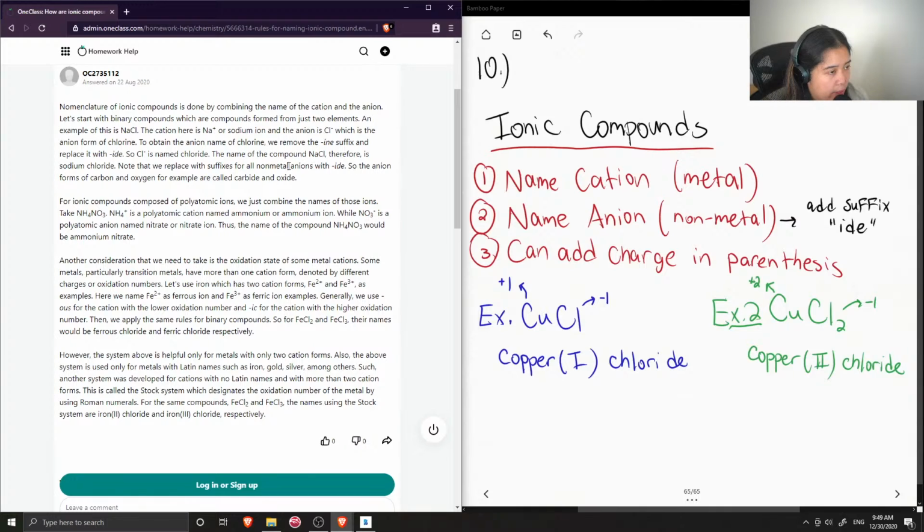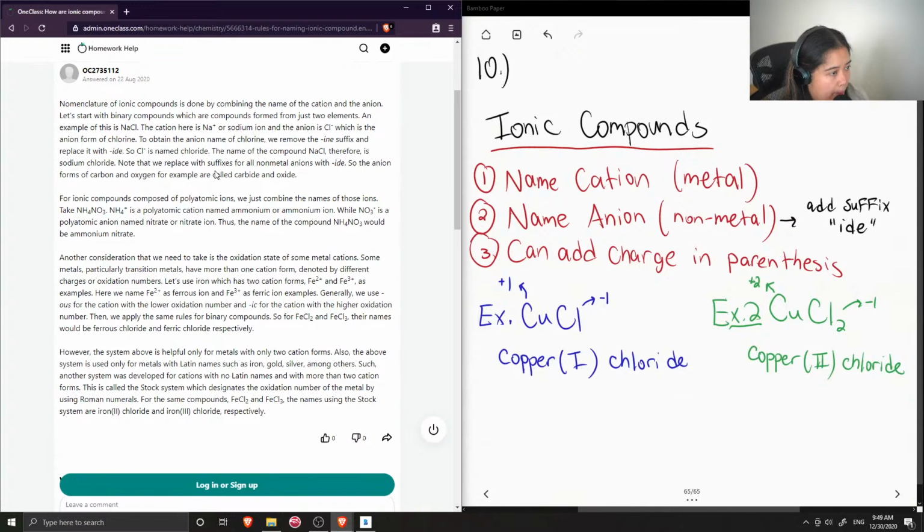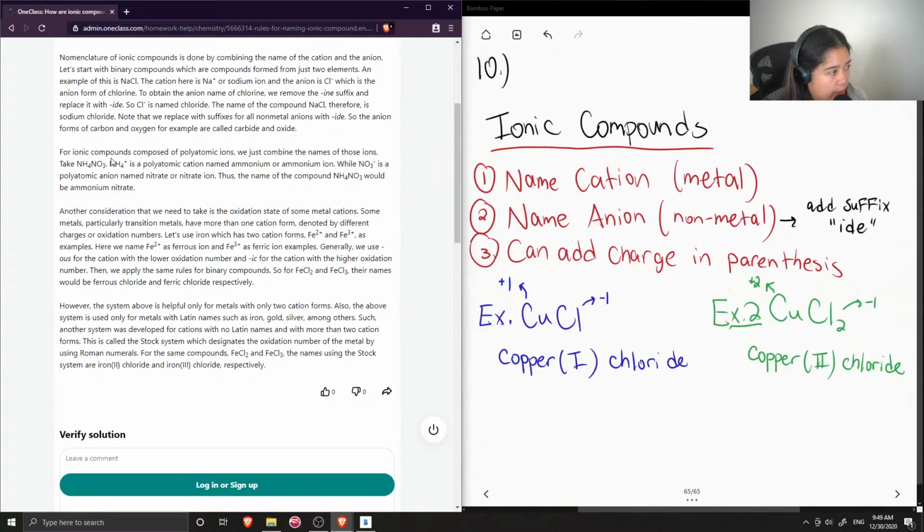The name of NaCl, therefore, is sodium chloride. And then for ionic compounds composed of polyatomic ions, we just combine the names of these ions. So if we had ammonium and the nitrate ion, it would just be ammonium nitrate. So it's pretty simple for that.